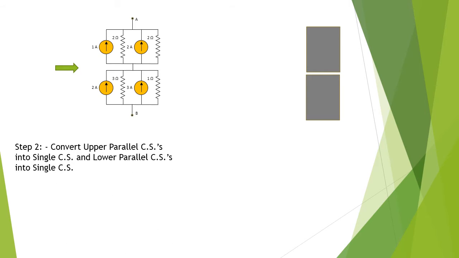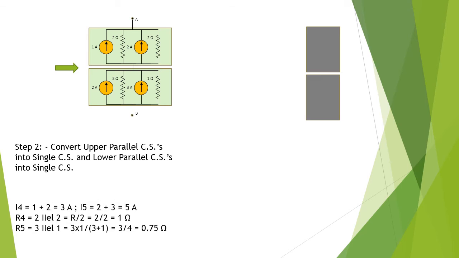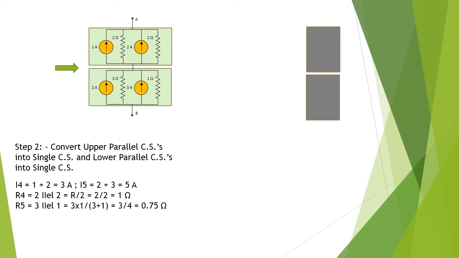Step number 2: convert the upper parallel current sources and lower parallel current sources into a single current source each. Let I4 be the current for the upper parallel current sources. 1 ampere and 2 ampere are both flowing in the same direction, so you get the addition of both currents as 3 ampere.